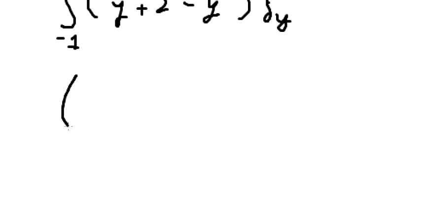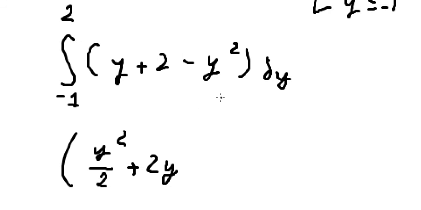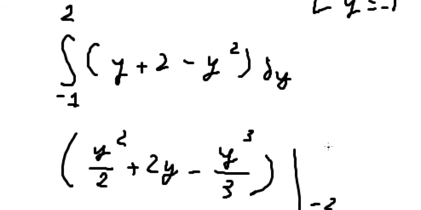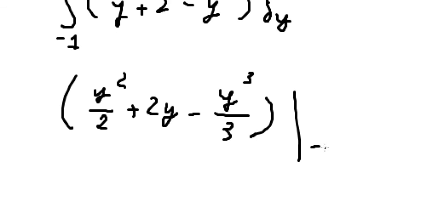So we have the integral of y, we have y squared over 2. Number 2, we have 2y. And y squared, we have y to the power of 3 over 3. And we put the bounds from negative number 1 to number 2.